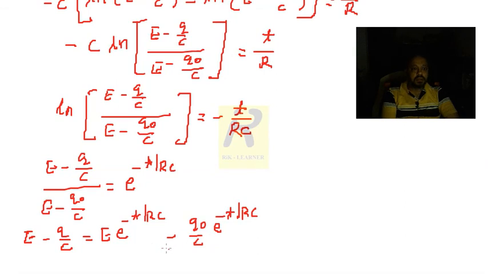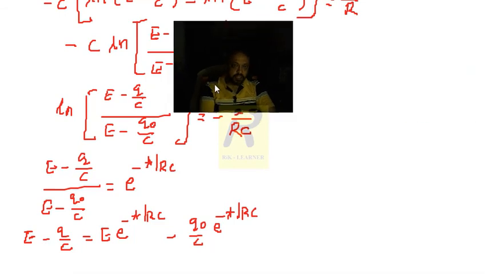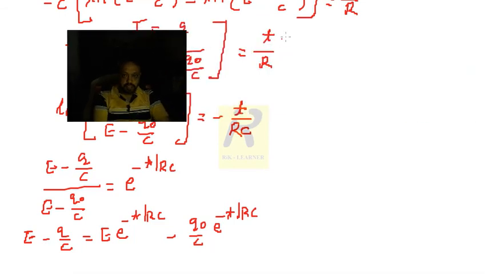Now I need this one. I simply take this C on that side, otherwise I simply make some rearrangements here. When you make the rearrangement, you should be careful when you are doing such things.